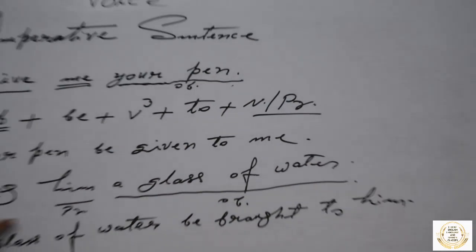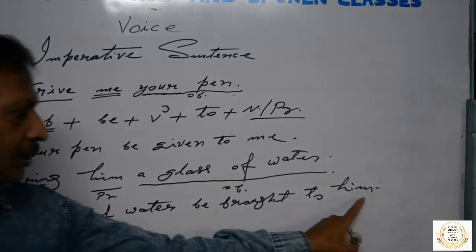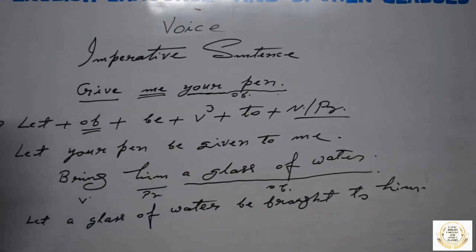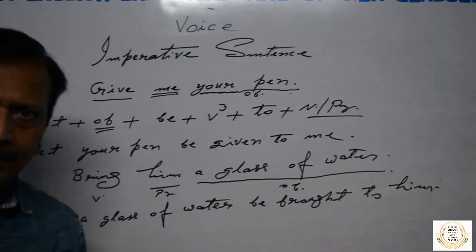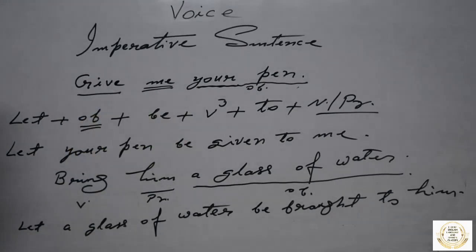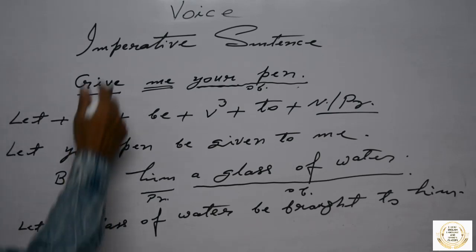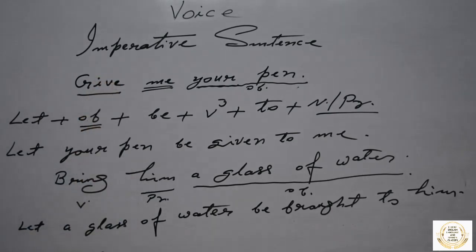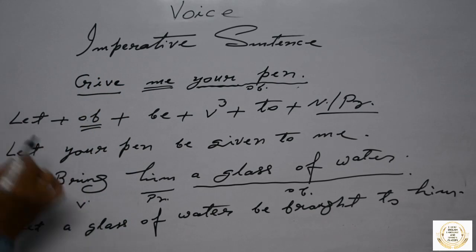Okay, that is pronoun him. It will be written in the last according to construction. So one thing is clear. What? If imperative sentence reflects the idea of command or order, it should be shown likewise. Your passive begins with let, let.